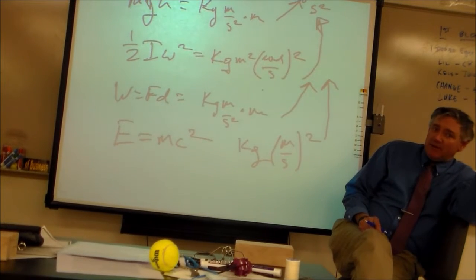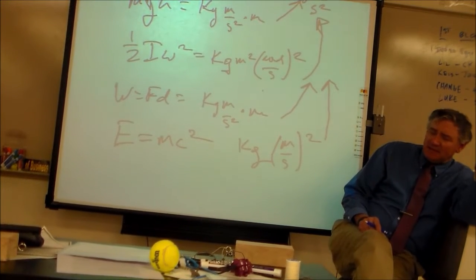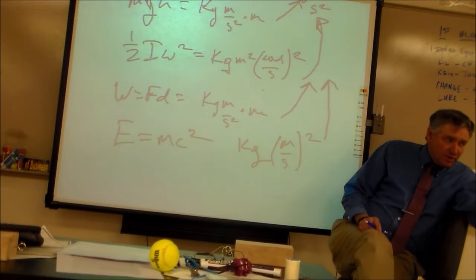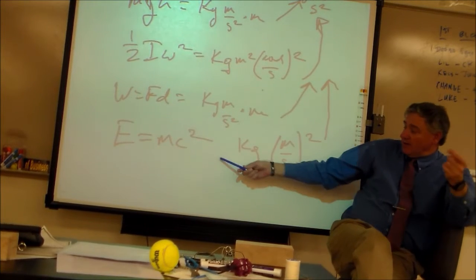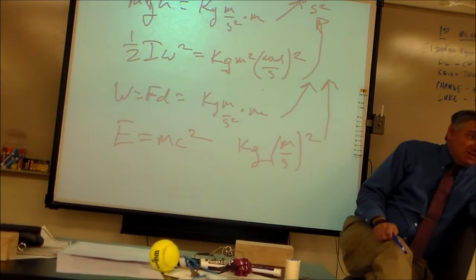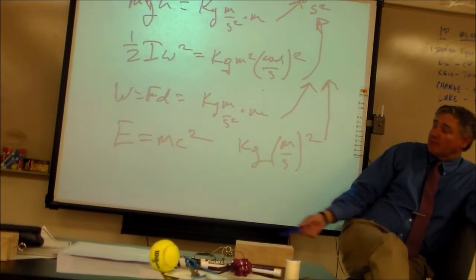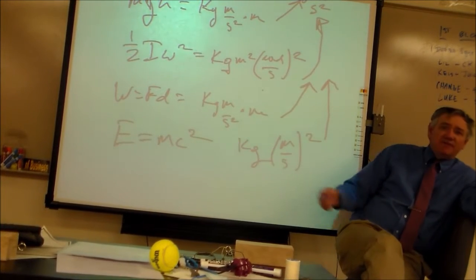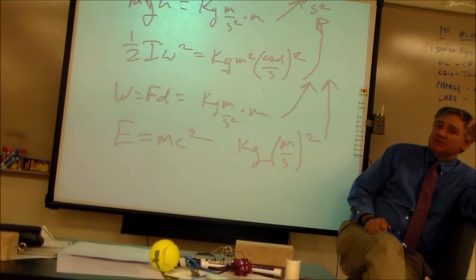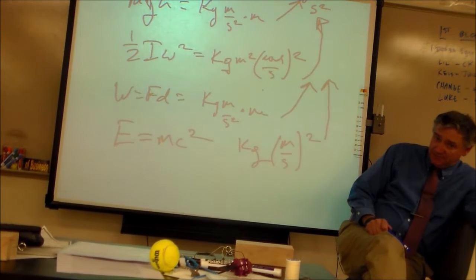And that helium atom has slightly less mass than the 4 individual hydrogens. So what happens then is that mass gets converted into energy. Now, if you consider the speed of light being 3 times 10 to the 8th meters per second, you square that, you get 10 to the 16th. So it doesn't take very much mass at all to generate a tremendous amount of energy.